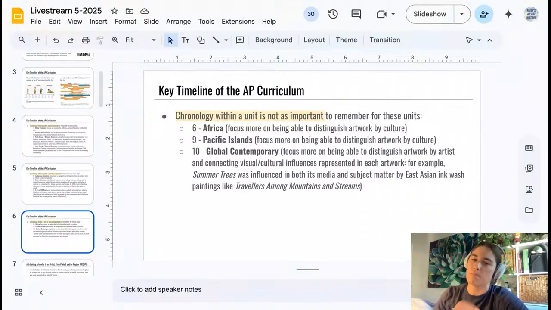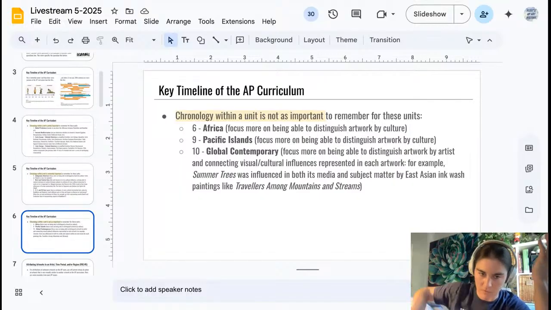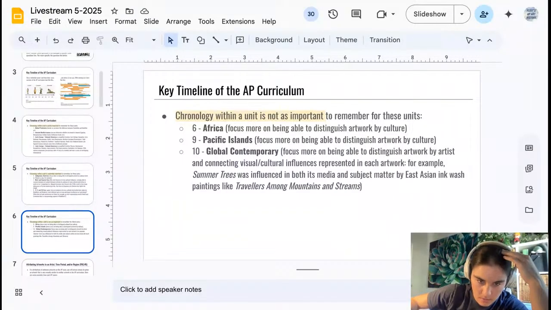So, for example, being able to say, okay, Song Su-Nam's Summer Trees, the inkwash painting, right, was influenced in both its media, India ink, and subject matter, trees, nature, by East Asian inkwash paintings like Travelers Among Mountains and Streams, that piece by Fan Kuan, the hanging scroll from around 1000 CE, right?